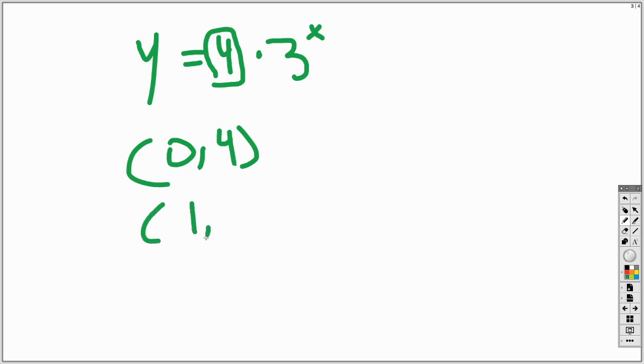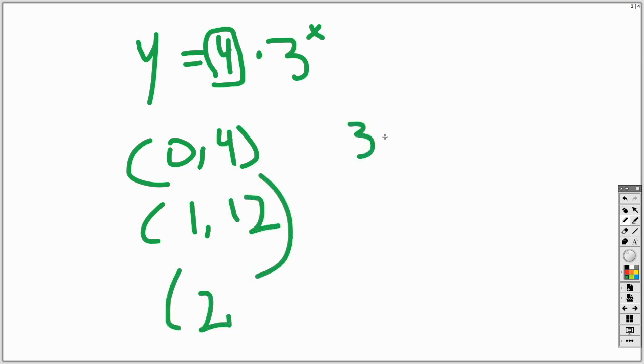Then for 1, 3 times 4 would be 12. Then 2: 3 times 3 is 9, and 9 times 4 would be 36.